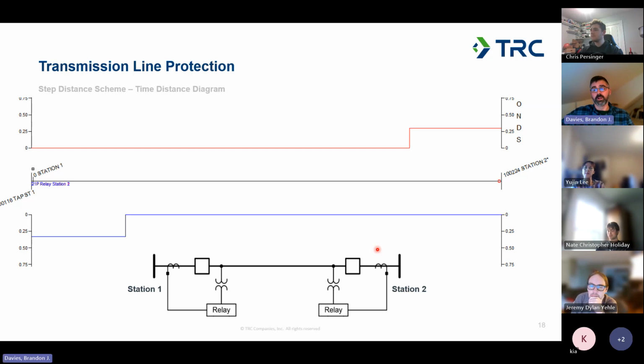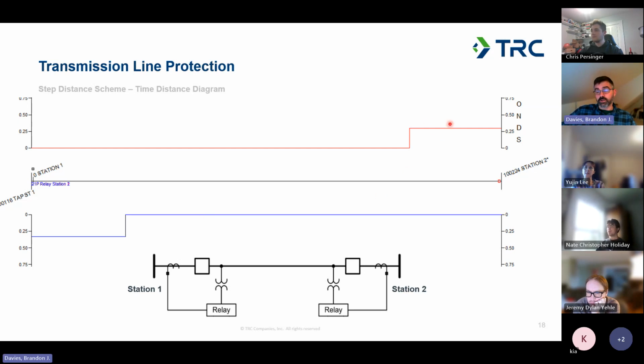You could have a one cycle operate time plus a 3 cycle breaker clear time. So for faults in this middle area, you might be clearing it in 3 or 4 electrical cycles.